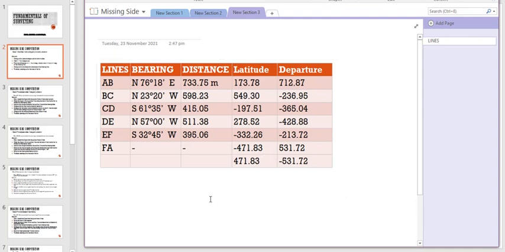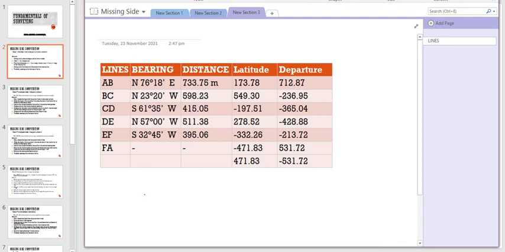Now we will compute the distance of the unknown FA using the Pythagorean theorem: the square root of the square of the latitude plus the square of the departure, 471.83 squared plus 531.72 squared.